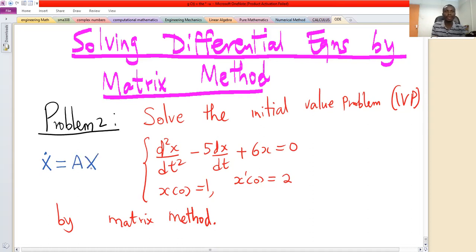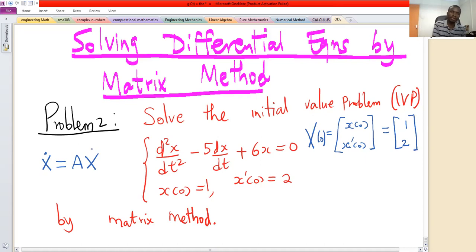And once you have done that, you write this initial condition in the form x of 0, and then below it x prime of 0. This is x of 0 is 1, x prime at 0 is 2.